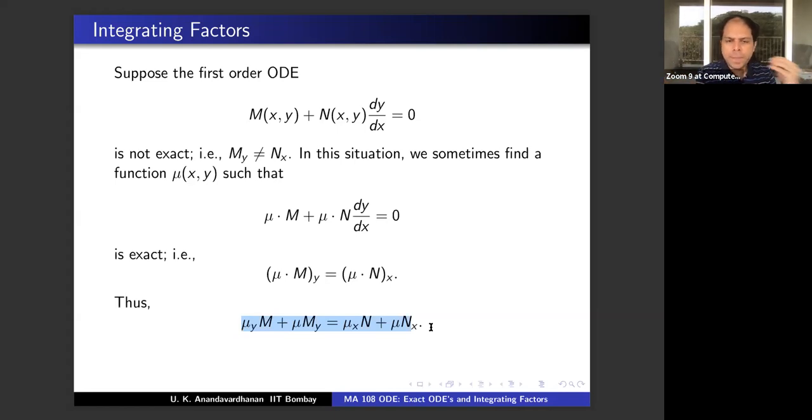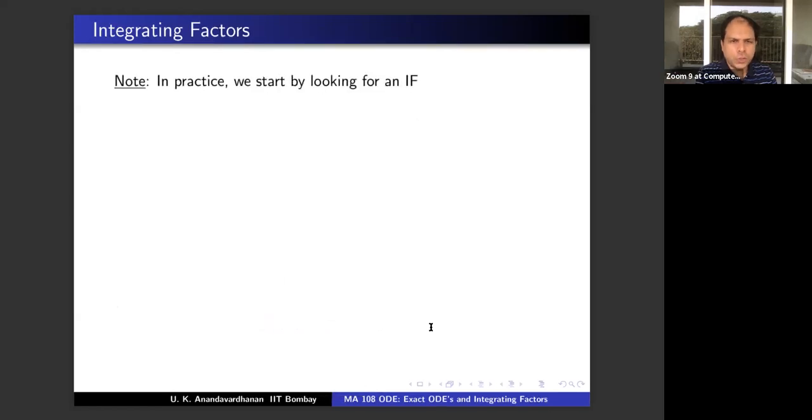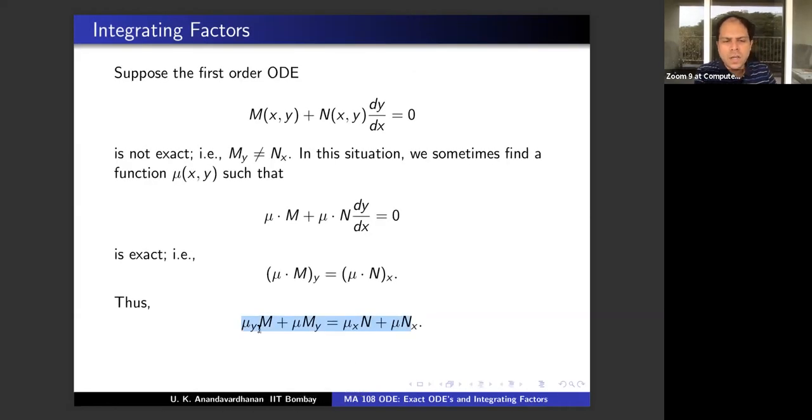Okay. So in practice, what you do is you will make a further simplifying assumption, if you are fortunate. In practice, we start by looking for an integrating factor which depends only on x or only on y. What is the advantage? Because coming to this, either mu y is 0 or mu x is 0.